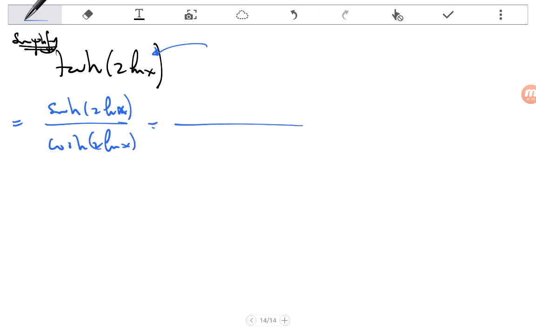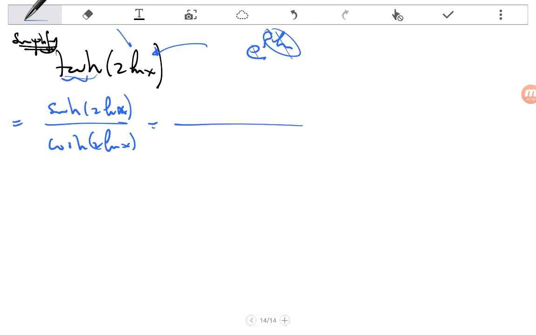This is the definition. Why do I use it? Because I will write the tanh in terms of exponentials, and when I put exponentials and I have ln, the simplifications will be much easier. So whenever I have a ln inside the hyperbolic function, I put the hyperbolic function in the form of this definition.